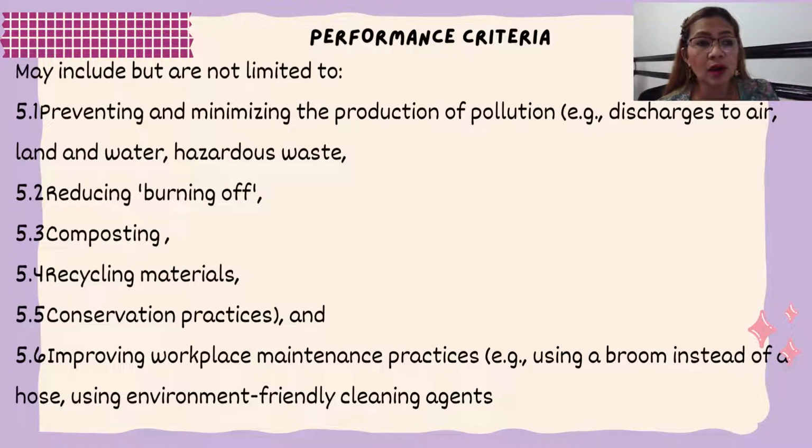Examples of this are discharges to air, land, water, and hazardous waste. As a trainee and as a trainer, how can you contribute to prevent and minimize the production of pollution?